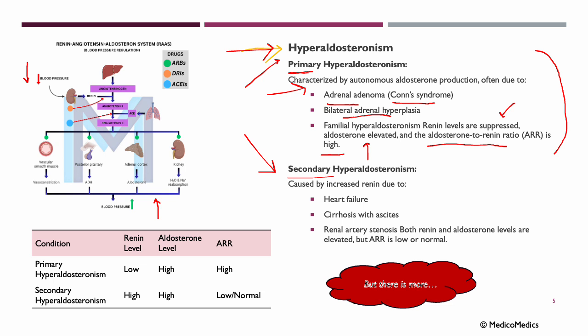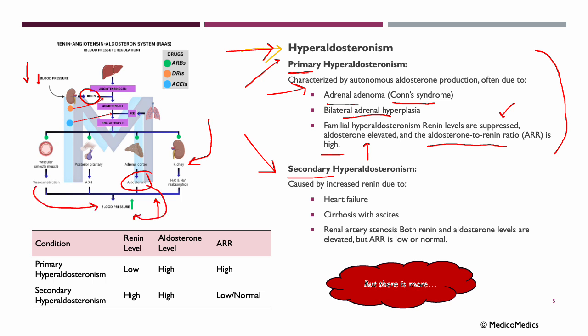But imagine if the issue isn't necessarily with the release or over-release of renin. Rather, with one of these effects that follow from angiotensin 2, like for example the release of aldosterone, we will still see the same clinical effect, because aldosterone still elevates blood pressure.